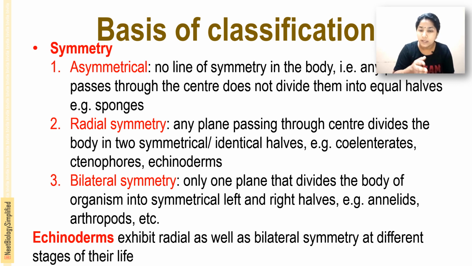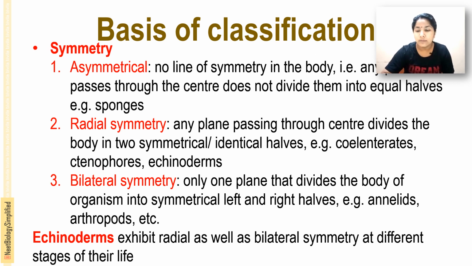Examples: coelenterates, ctenophores, echinoderms. That is called radial symmetry.